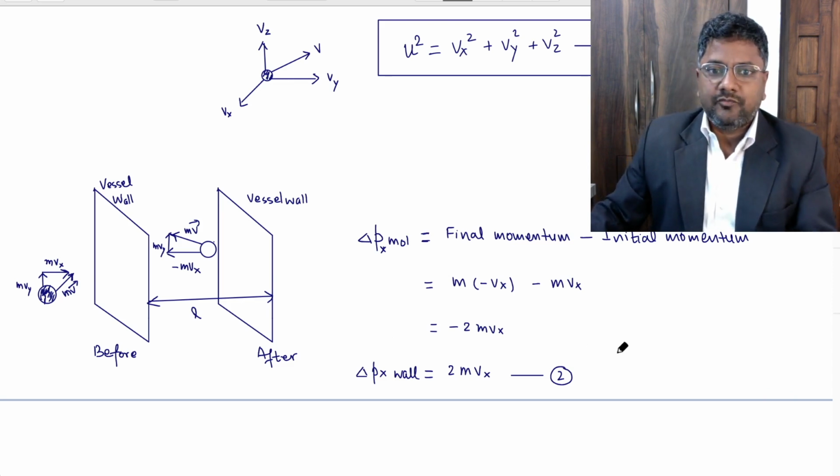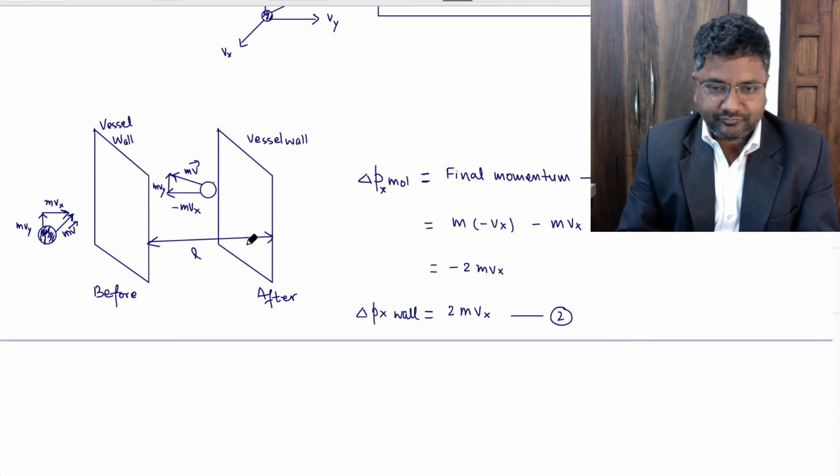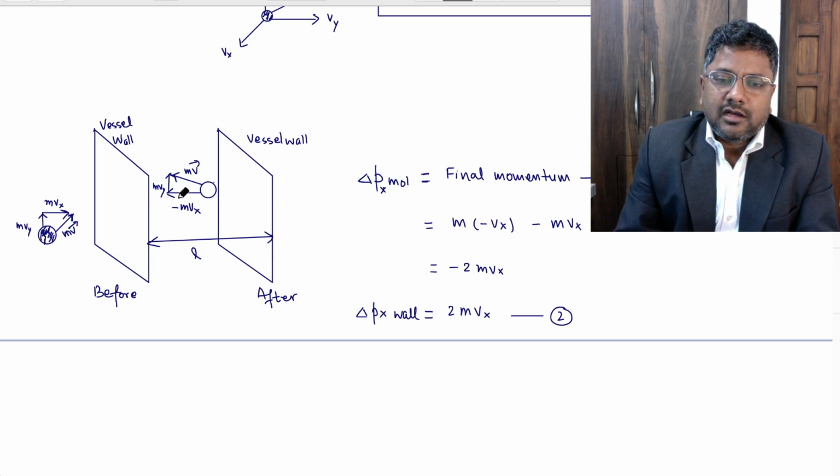Right, now come to the third point, time. See, I am considering here the total distance traveled by this gas molecule between two successive collisions. After the collision from here, this molecule may collide with the top, the bottom, or the side walls.